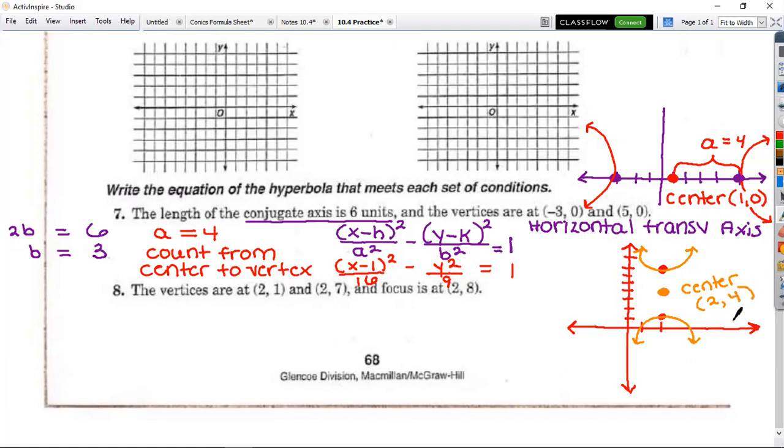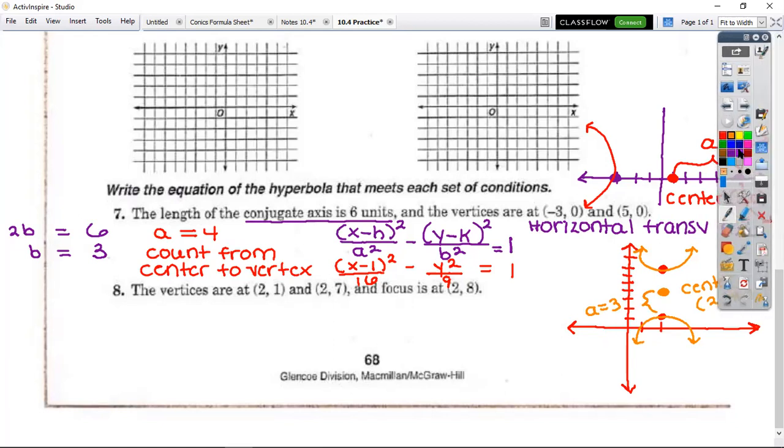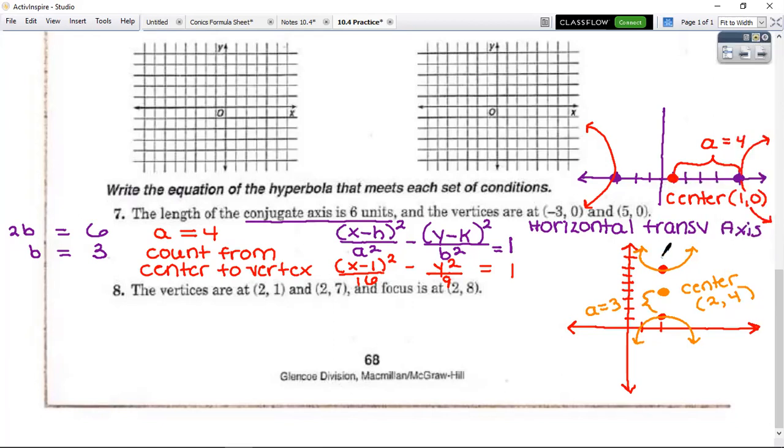Next thing you're going to need is most likely this a value. So right there. From my vertex up to my center here, I can say that a is equal to 3. I also need to plot on here that my focus is located at (2, 8). So that's here.